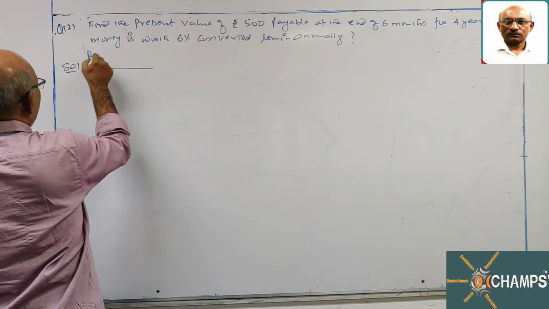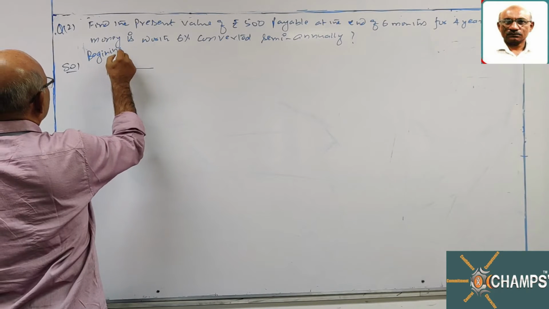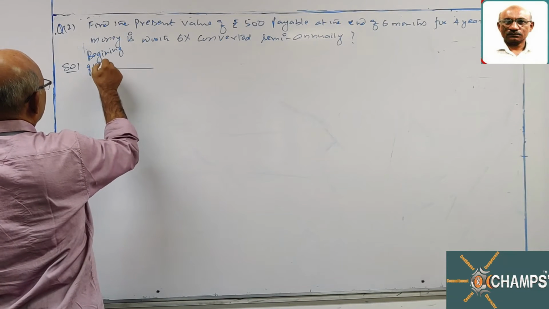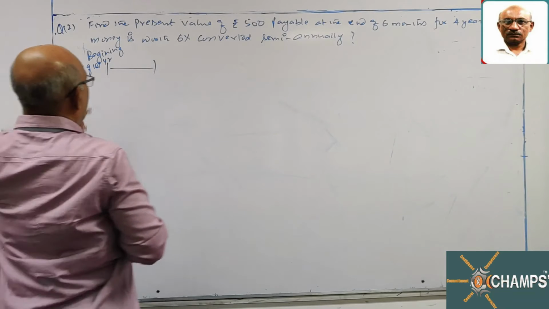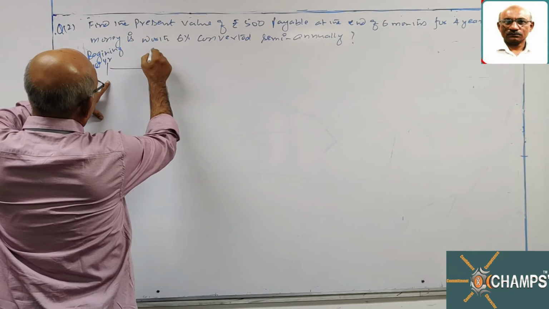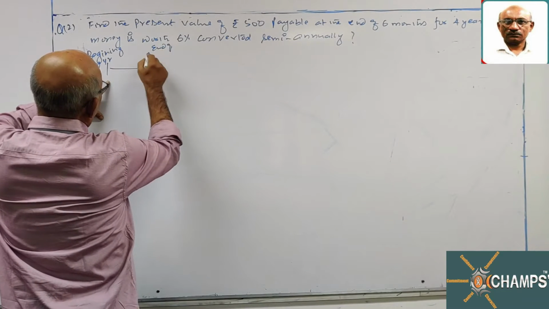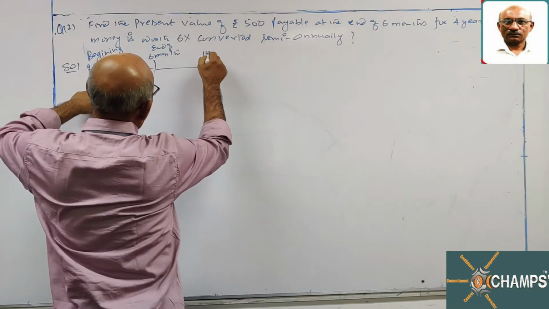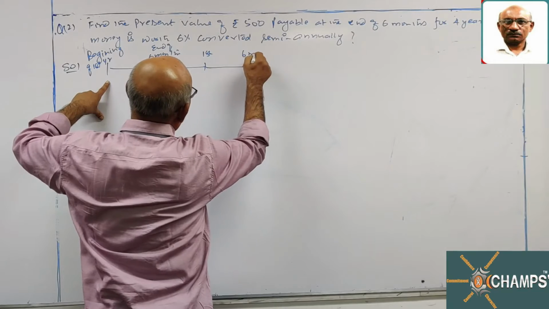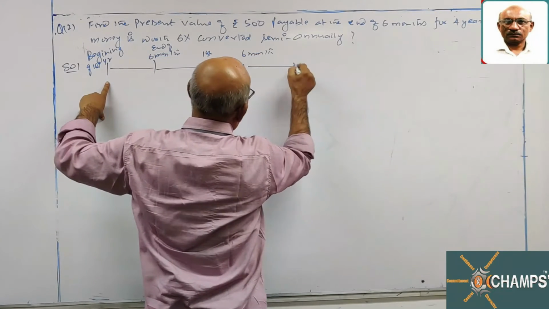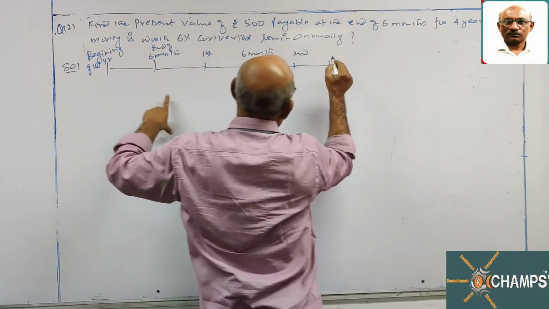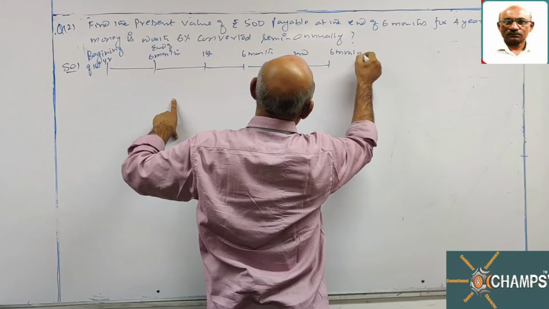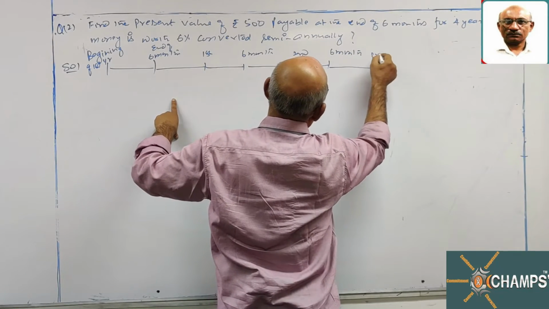This is the beginning of the first year. So end of 6 months, again end of the first year, again end of 6 months, end of the second year, end of 6 months, end of the third year.